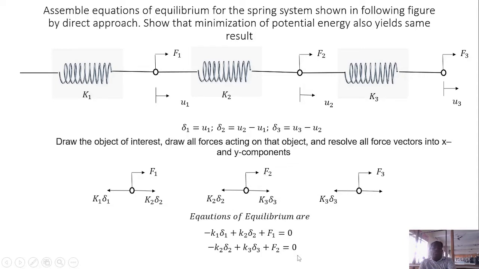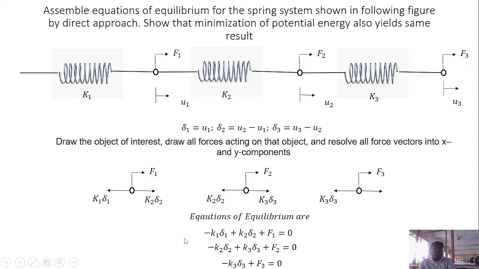And then finally, what about the third free body diagram, the equilibrium diagram? Yes, here only one force is acting, from the node on the left hand side only, so I can represent minus K3 delta 3. After that force 3 at the third node acts on the right hand side, so plus F3 is equal to 0.